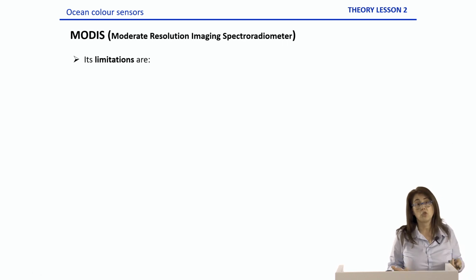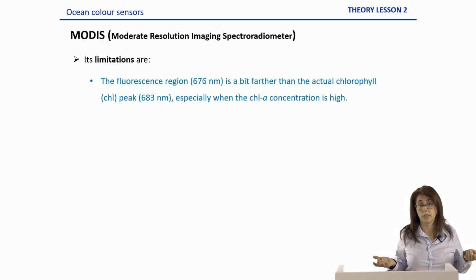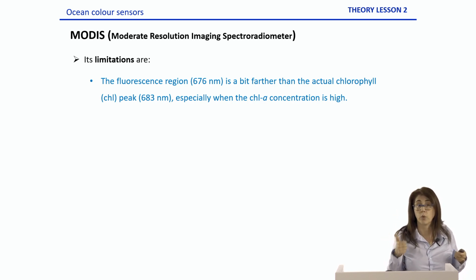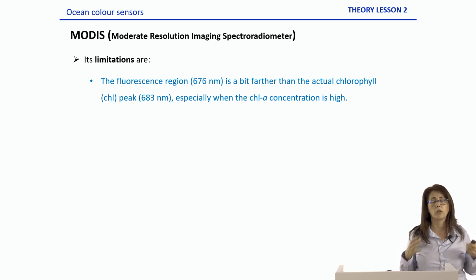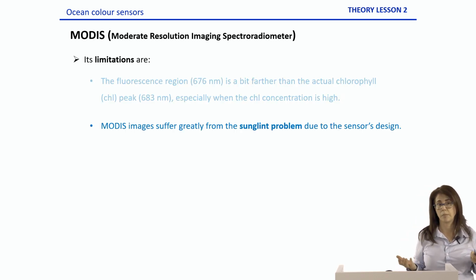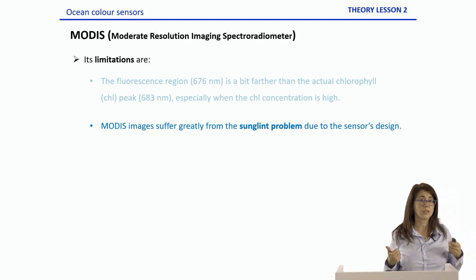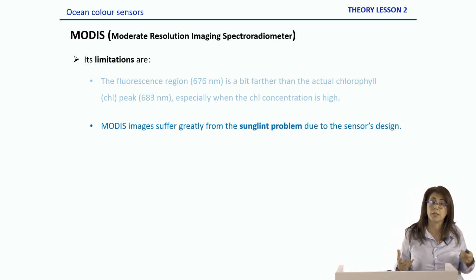The limitations of MODIS with respect to other sensors are, first, that the fluorescence region, this 676 nanometer waveband, is a bit further than the actual chlorophyll peak, which is at 683 nanometers. This especially happens when the chlorophyll concentration is high. Also, MODIS images suffer greatly from the sunglint problem due to the sensor's design.